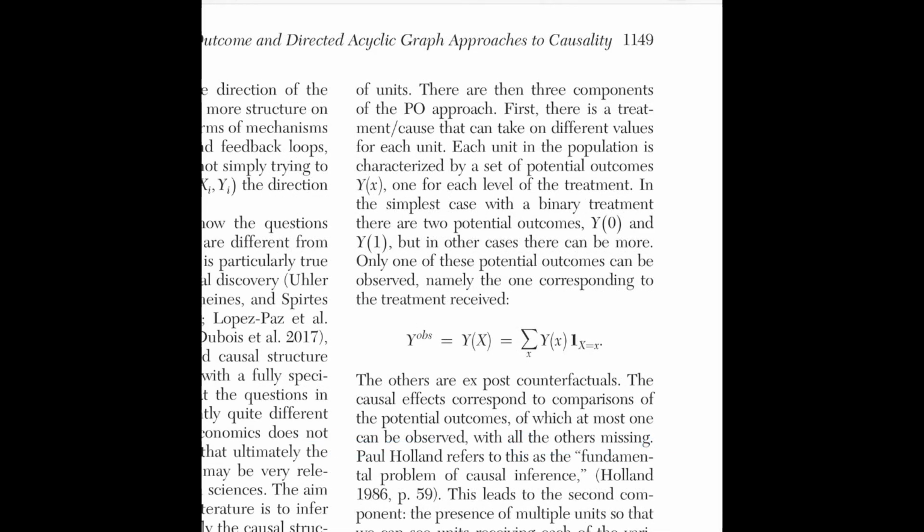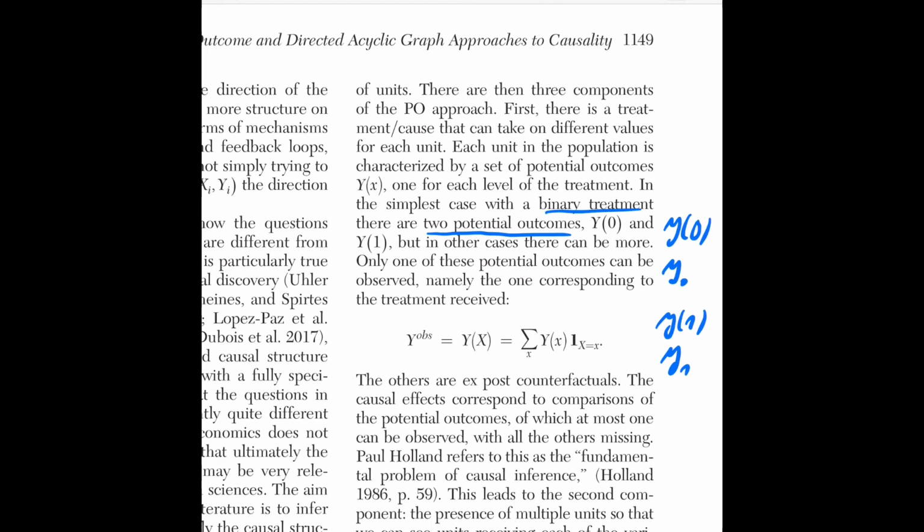So in other words, in a binary treatment case, which is the easiest one, there are two potential outcomes. One is y0, and the other one is y1.